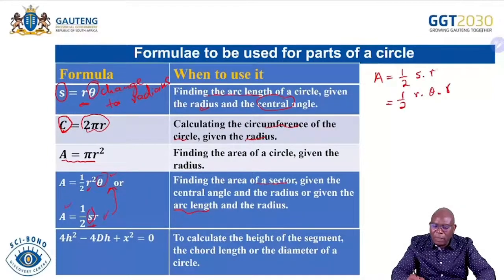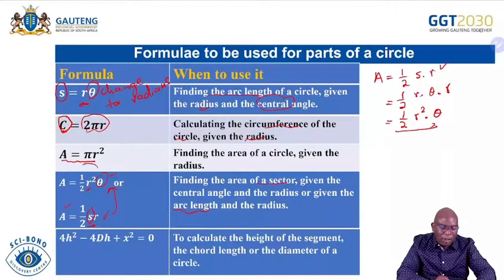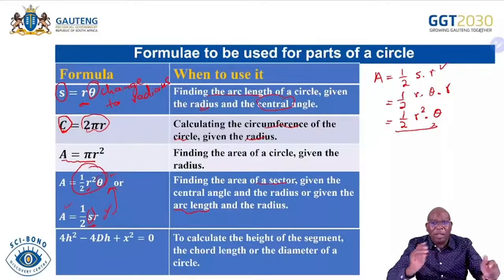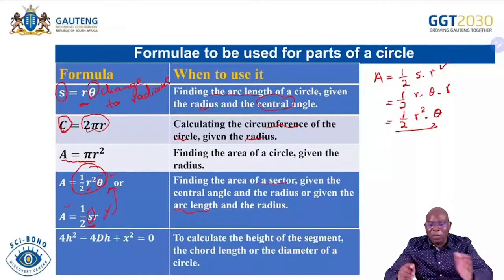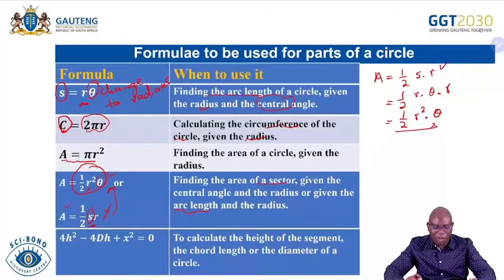Then I'll have half R times R, which is R squared multiplied by theta. So you can see that formula here is nothing else but that. They're the same. We're just replacing the S, which is the arc length, by that, and we get the formula. But this is not for exam. They won't ask you that question in an exam.